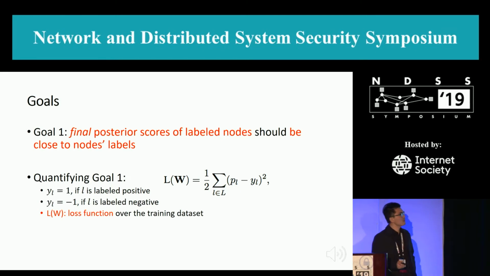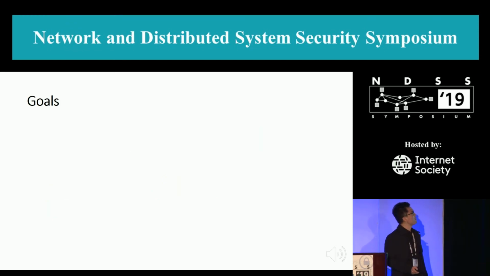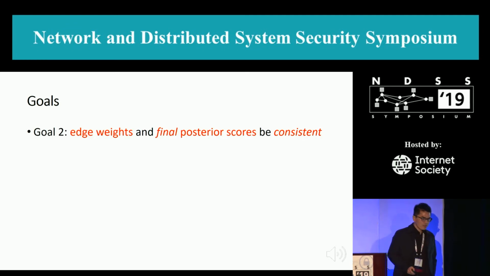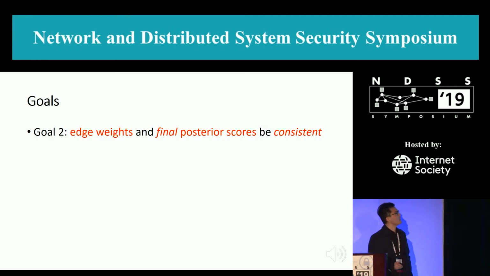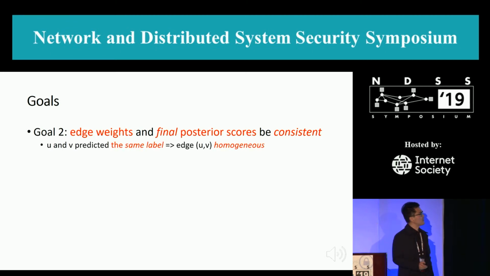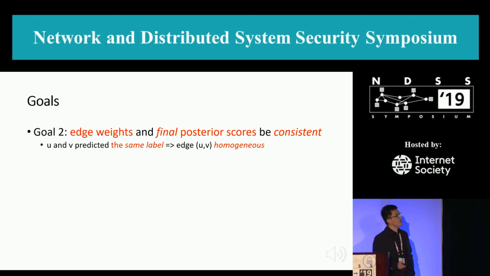However, in practical problems, we have a great amount of unlabeled nodes. Then we propose goal 2. Goal 2 requires that the learned edge weights and the final posterior scores are consistent. What does that mean? If u and v are predicted to have the same label, then the edge should be homogeneous.